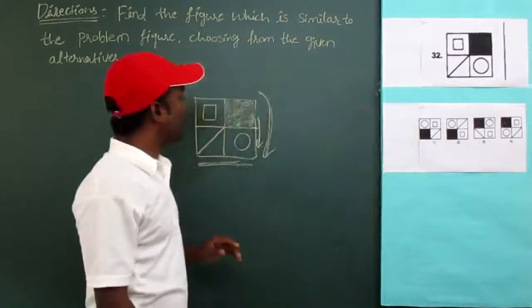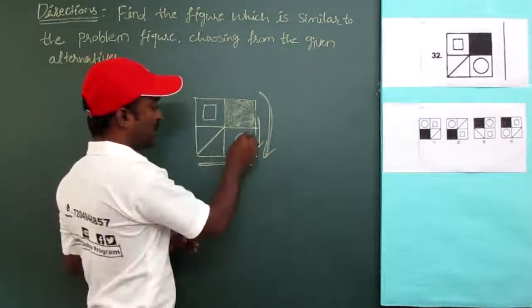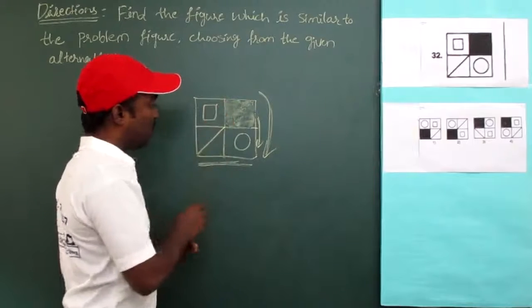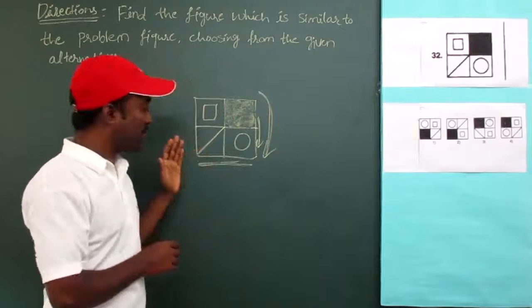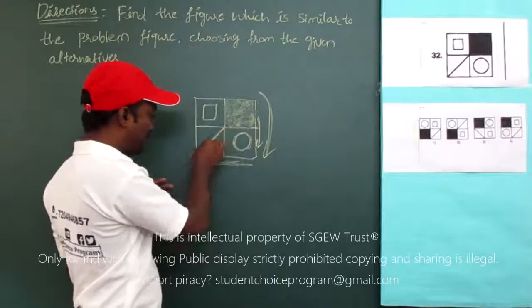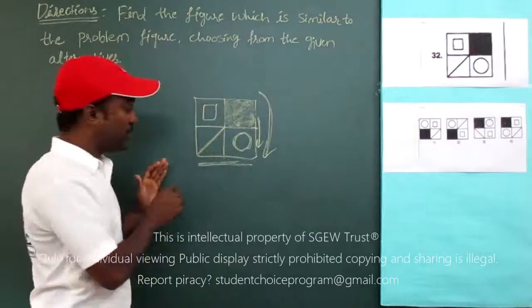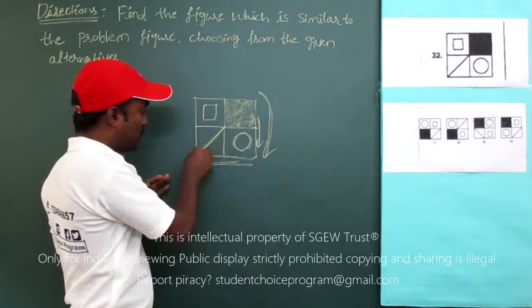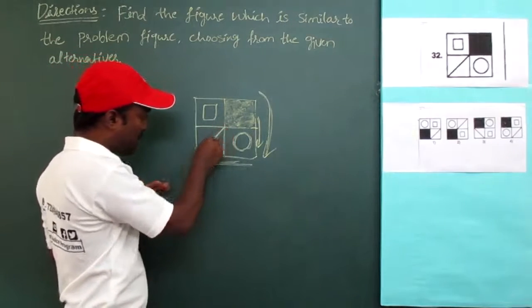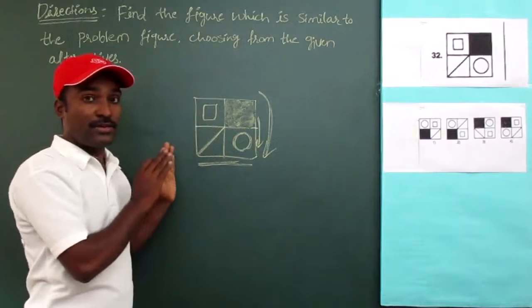Now next, after this circle or after this box, whichever you can choose. So I will take after this circle. After this circle, I am having this inclined line. And also, whenever you solve problems of this kind, you should see that the inclination of the line should be in the same direction.